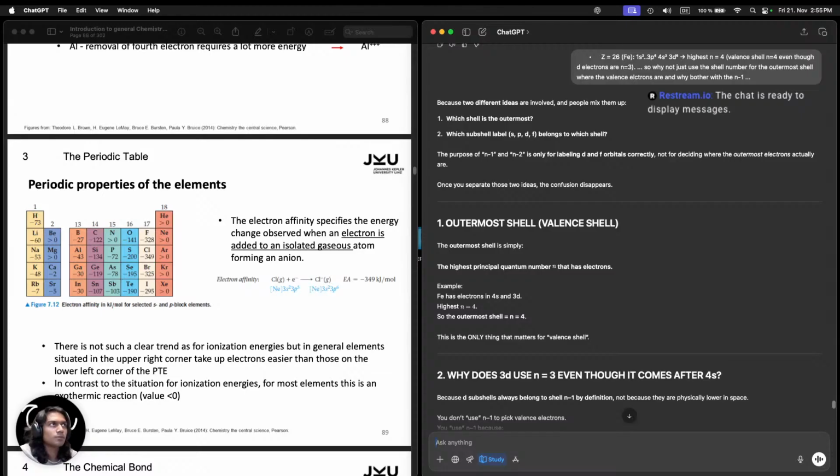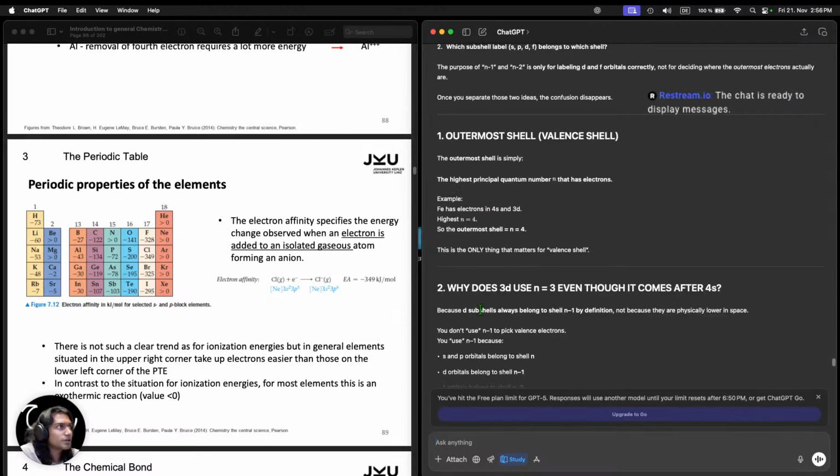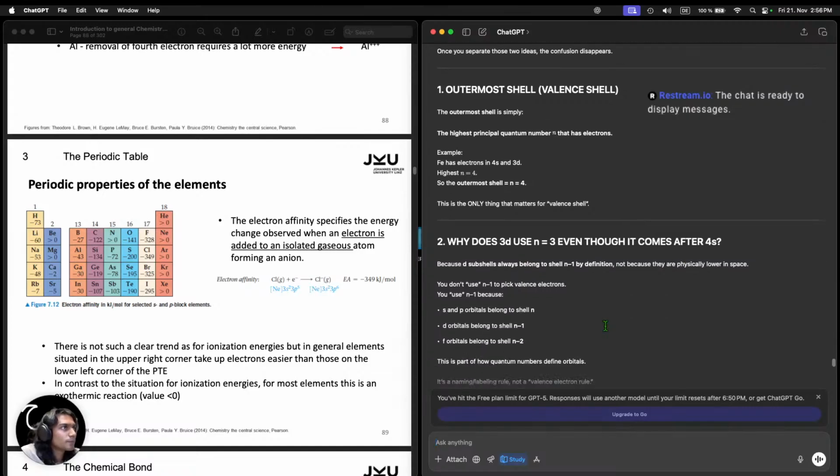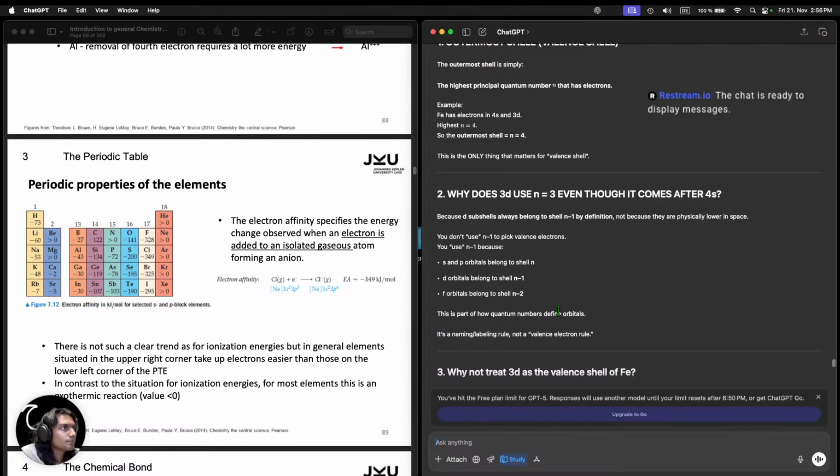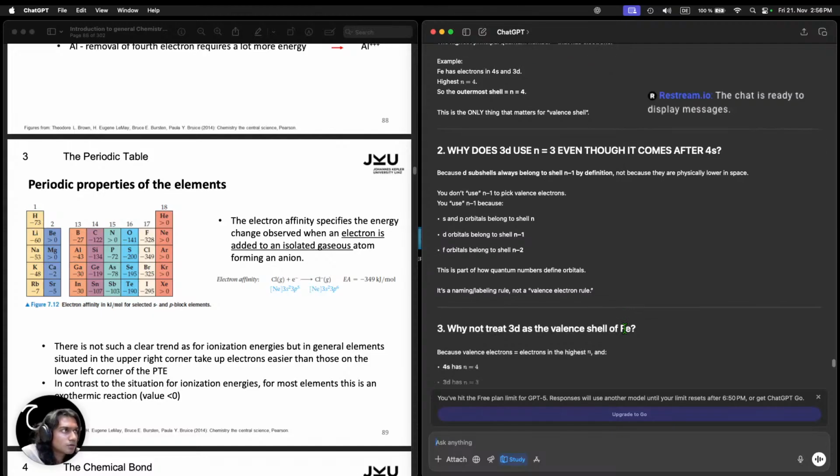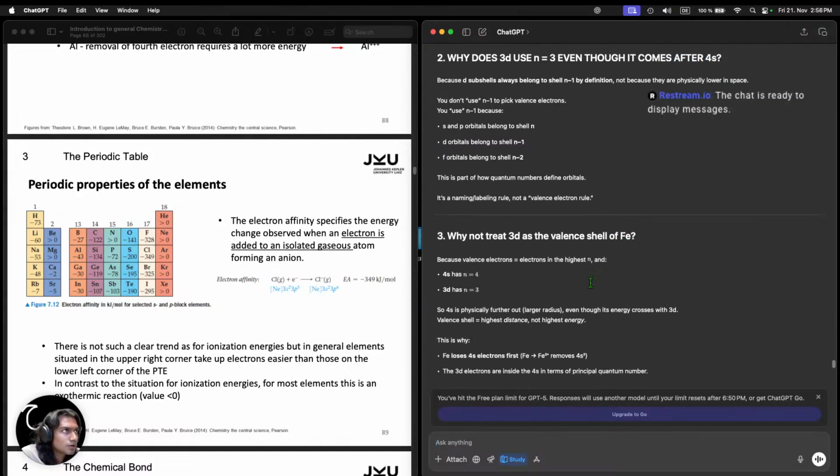Which shell is the outermost? Which subshell label belongs to which shell? Outermost shell only matters when it is a valid shell. Why does 3D get used? Why not treat 3D as valence?